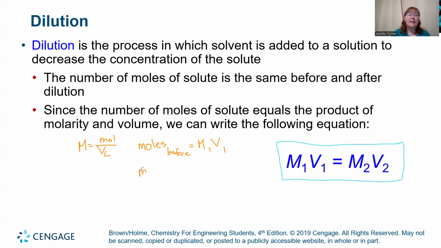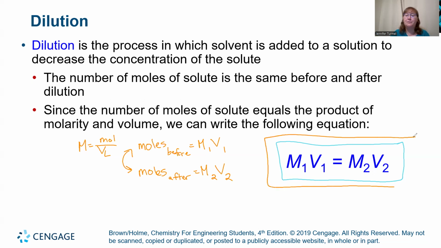Now, your moles after haven't changed. So that means that your final molarity times your final volume have to equal your moles after. Because these are the same, we can set them equal to each other. And we'll actually use this in multiple places, interestingly.